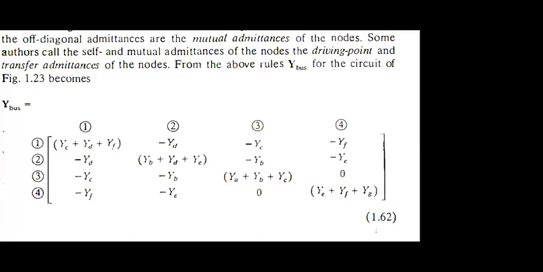Then if the admittance diagram is given, you can generate the Y bus based on the nodal concept or KCL equation, node equation. And if we can generate Y bus from that, based on matrix inversion, we can generate the equivalent Z bus as well, right? This is all for today's discussion.